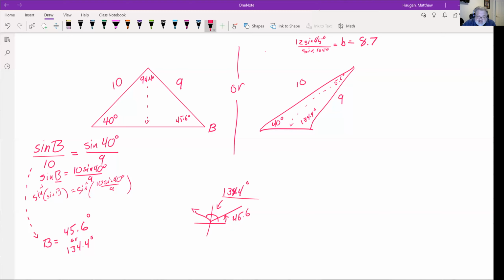Now, we still do technically get the coterminals, the plus k times 360 degrees, but none of those will ever fit in a triangle. But our principal inverse and secondary inverse both are possible for triangles, so we have to consider them.